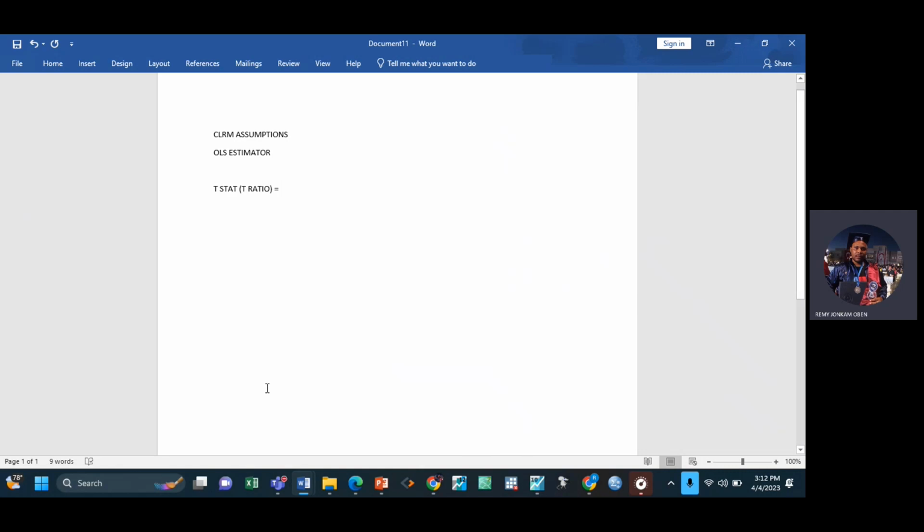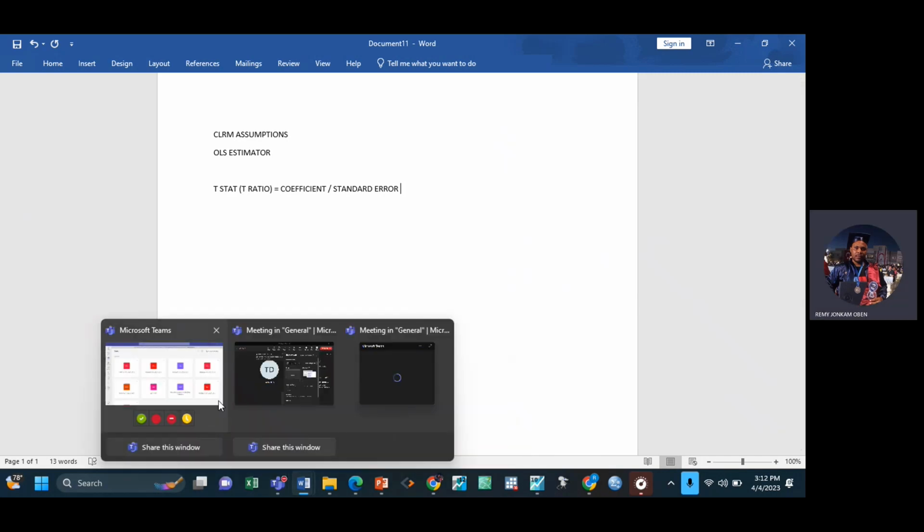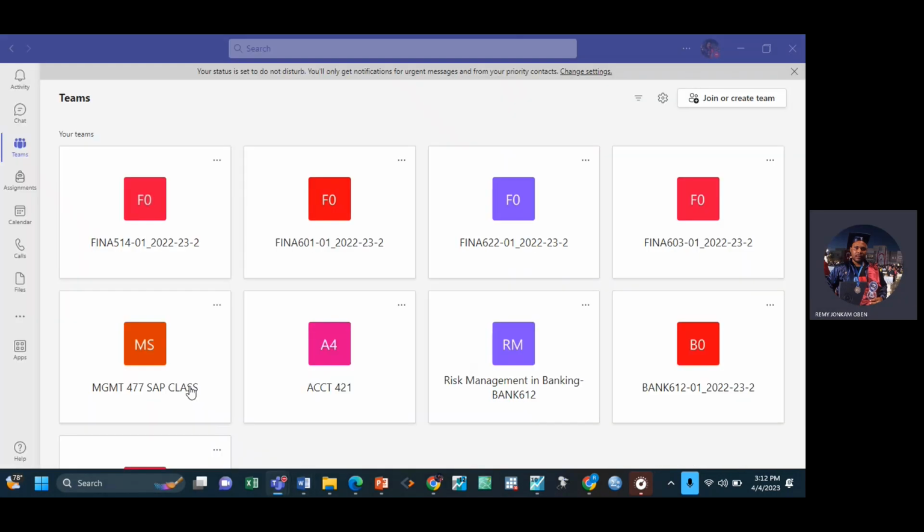If we want to get the T statistic, we simply divide the coefficient by the standard error, right? So just simply take that coefficient divided by, it's like you guys are not understanding what I'm saying. I will show you something, give me a second.